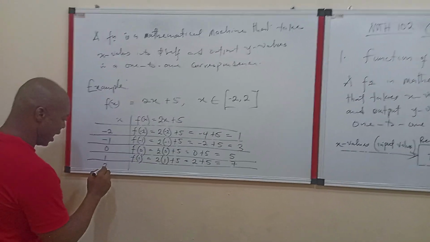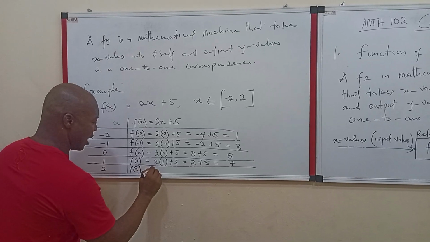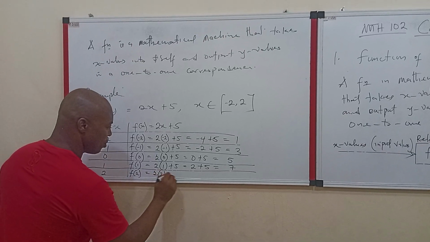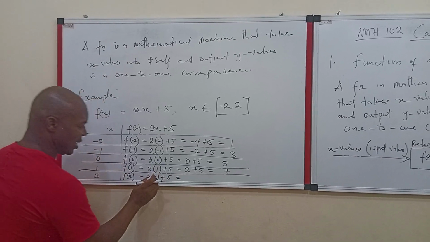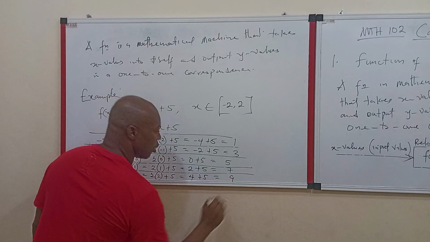And lastly, if x takes 2, what happens? We have 2 into 2 plus 5, and here we have 4 plus 5, which is equal to 9.